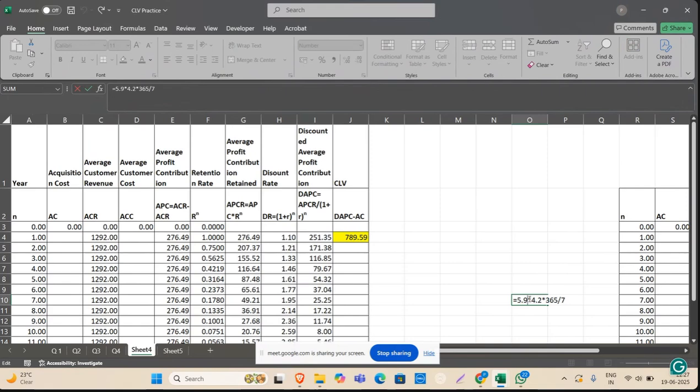So 5.90 into 4.2, and this should be converted into a year, so into 365 by 7. Sir might give separate values, like if he gives 4.4 per visit, you consider 4.4 into 4.2 into 365 by 7. The 365 by 7 will be constant, and the other two values will be according to the question.